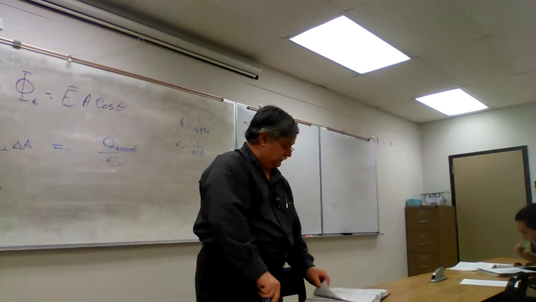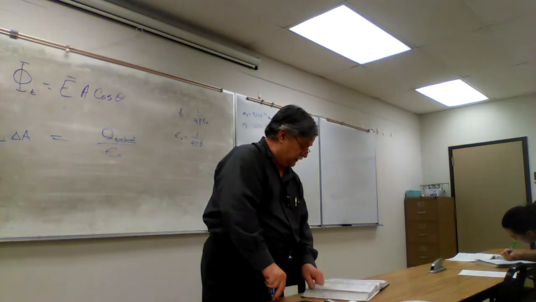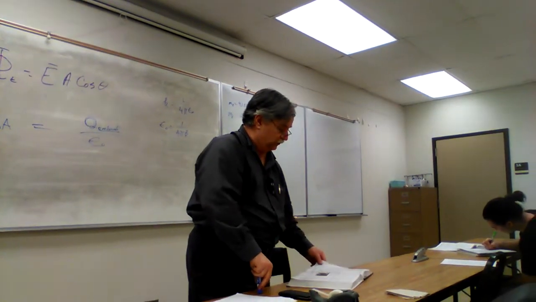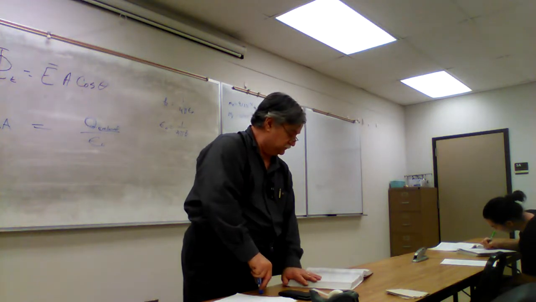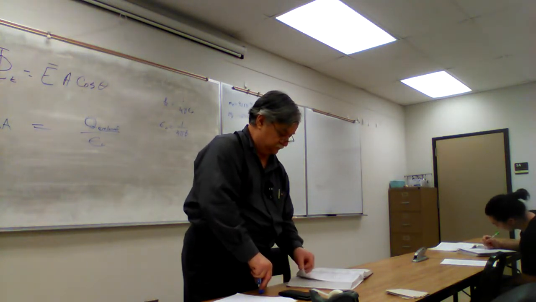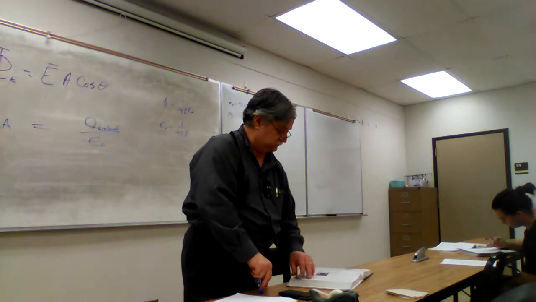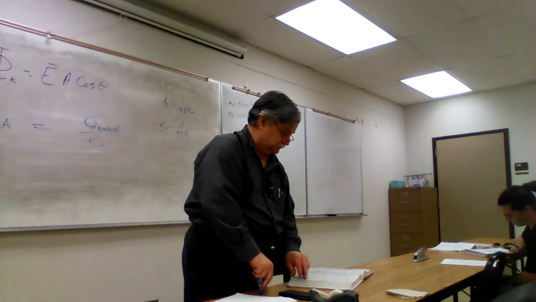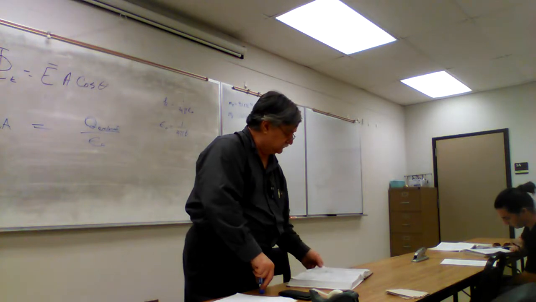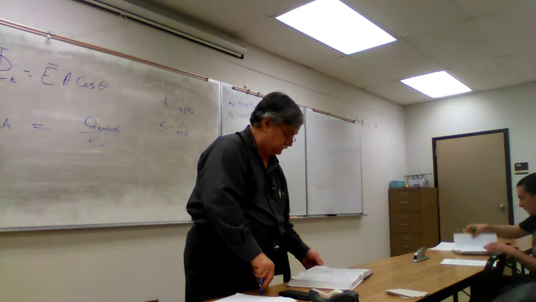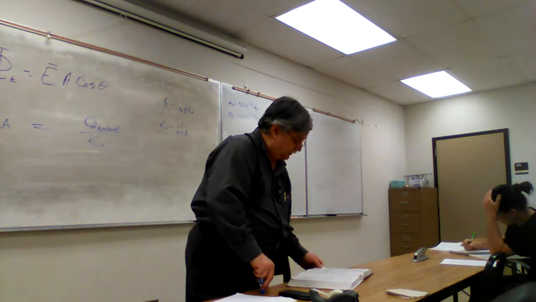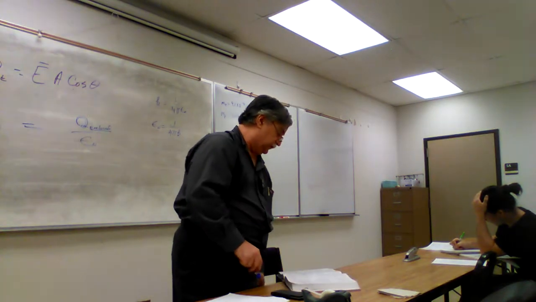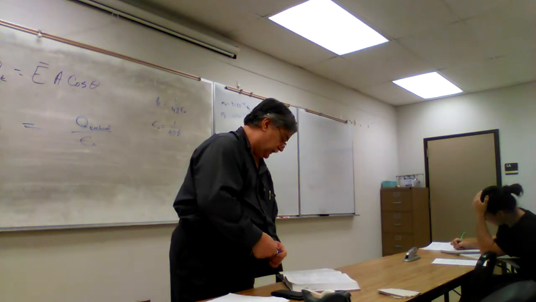And the book does a pretty good job of walking you through how to use Gauss's law. Number 38. Let's do that one very quickly. That's the Gauss's law one.